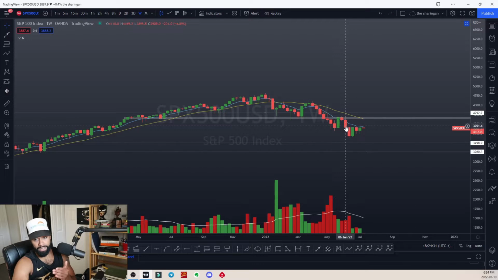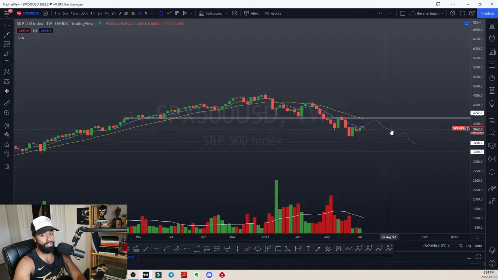We might see these indices cross over the 8 EMA and look for that brief hopium in the market. And then once we get up to the 20, we get that rejection, continuous downward, right? So that's something I'm looking at over the next few weeks, what could happen, because again, there's nothing really significant going on around the world.